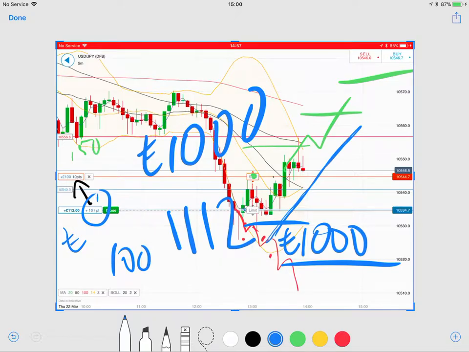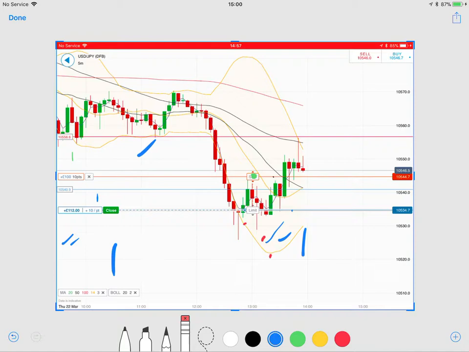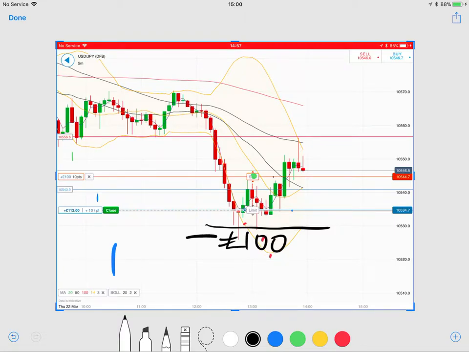Risk reward ratios. Let's say £112. If I'd put my stop loss at the minimum amount, it might have said minus £100. That's the amount of money I'm risking, the money I'm putting on the table that I could potentially lose.